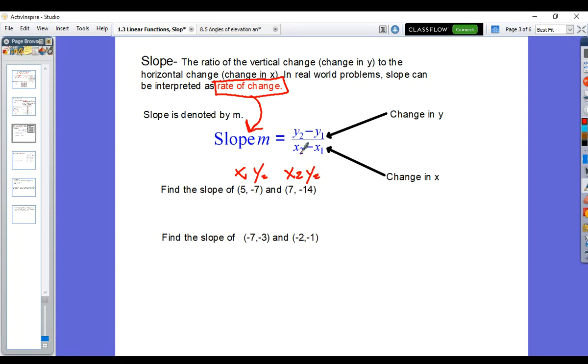This formula goes as it is then. We start at y2, -14, minus y1, which is -7, over x2, 7, minus x1, 5. We simplify this, and we end up getting -7 over 2.